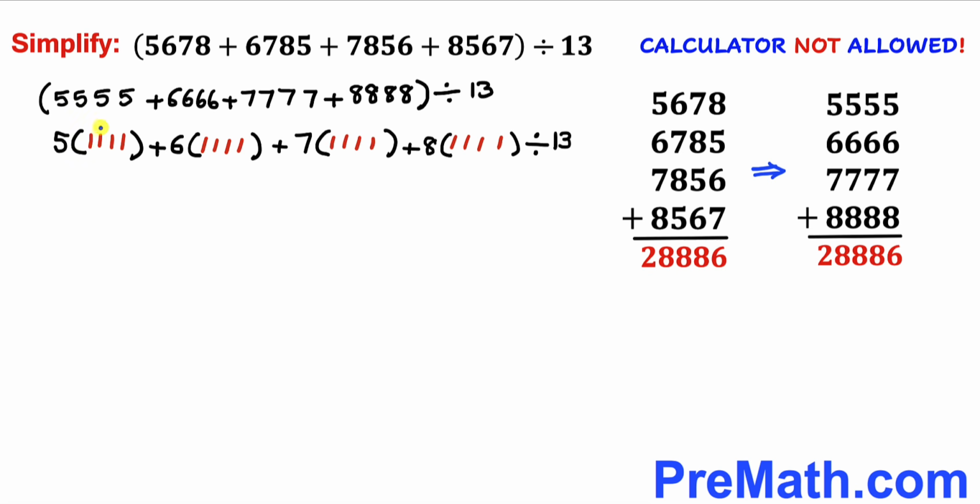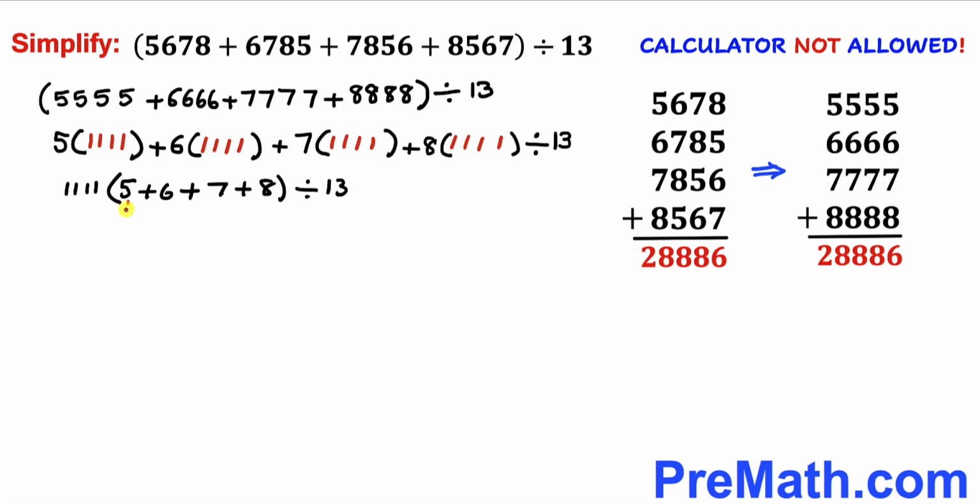Now we can see 1111 is in common across the board on the left hand side. So I could bring 1111 outside, and inside the parentheses we end up with 5, 6, 7, and 8. So I can write 5 plus 6 plus 7 plus 8 divided by 13.